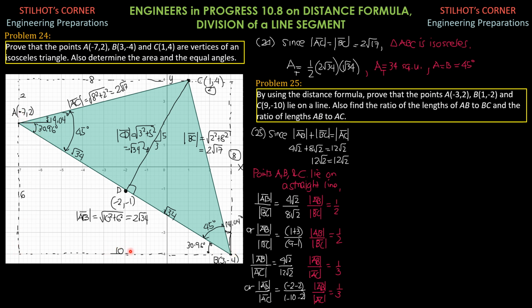That's why it's 10. Another way, you just count the number of squares on these sides. Then you can have the dimension 10. For the vertical dimension, it is upper y, which is 4, minus lower y, -4, so that's why it's 8.